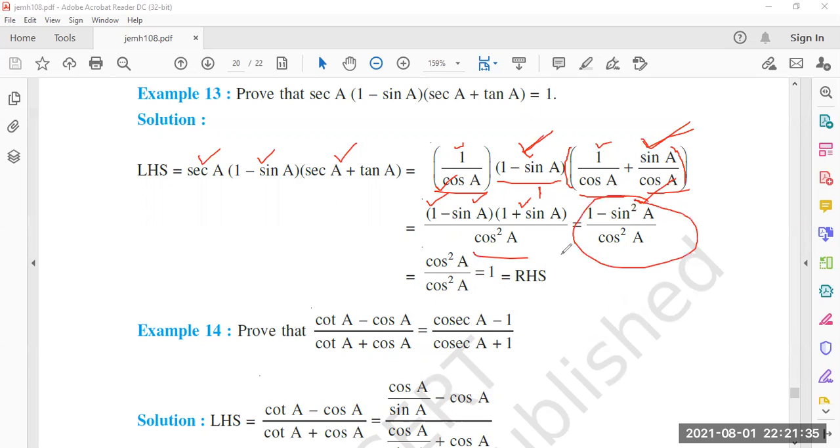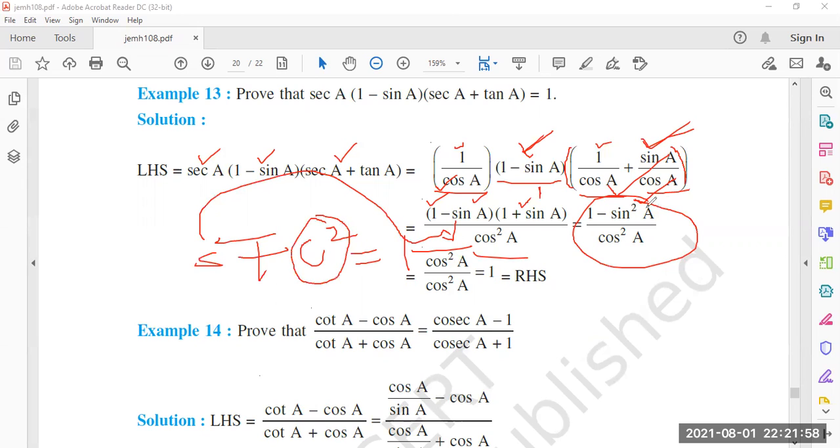And as I had already told you, anywhere if you find an expression 1 minus sin square a or 1 minus cos square a, we compare it with the identity. What is that identity? Sin square plus cos square is equal to 1. Now, with 1, whichever of these two is subtracted, that will be equal to the second one.